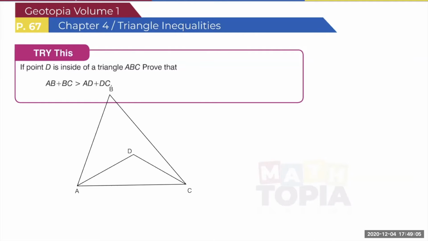So the hard part about this proof isn't how you prove it, but where you start. We need to draw an auxiliary line.